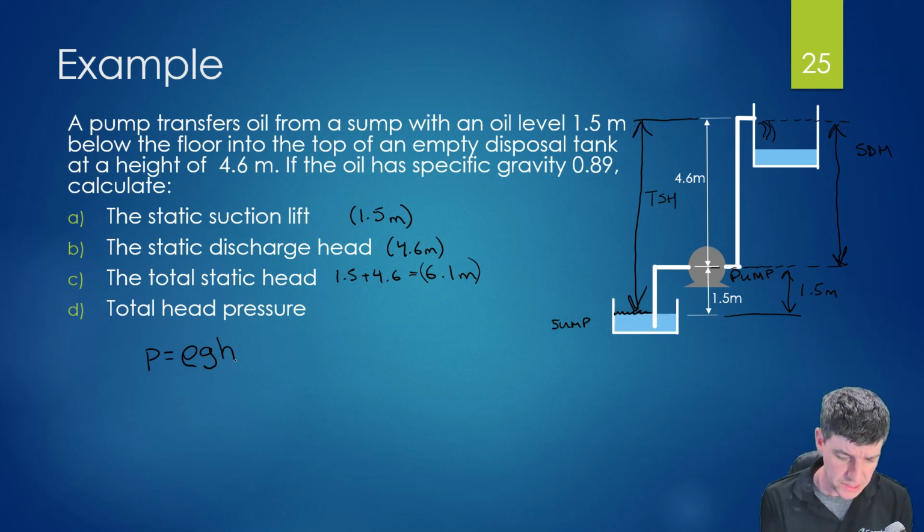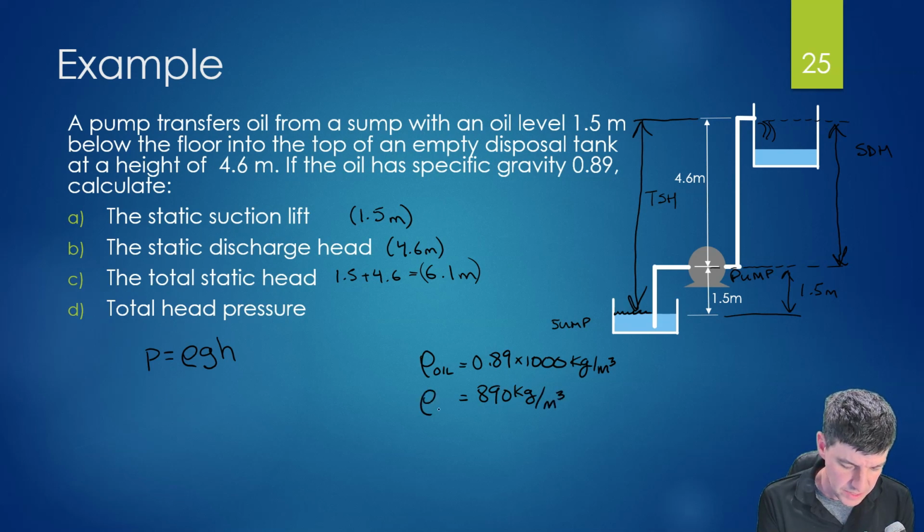Because our oil has a specific gravity of 0.89, the rho of our oil is going to be equal to 0.89 times 1,000 kilograms per cubic meter. That would be 890 kilograms per cubic meter, the rho of my oil.